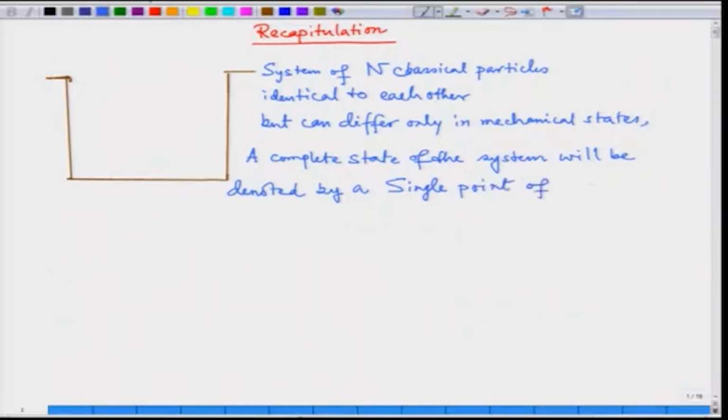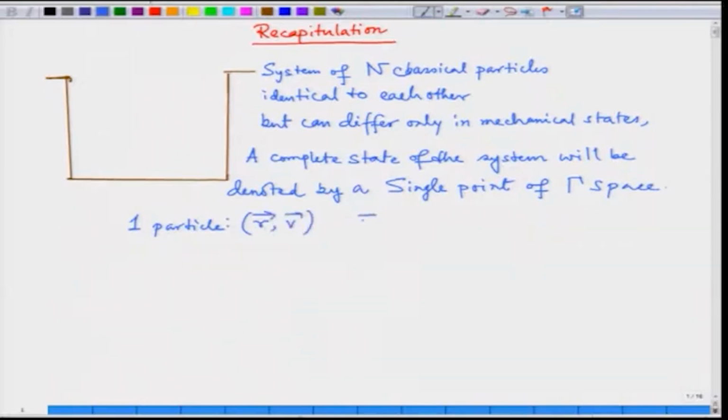Now, if you are just considering 3-dimensional real space and the motion of the particles in this, then for every particle you will have 6 coordinates: 3 from position and 3 for velocity, r and v.